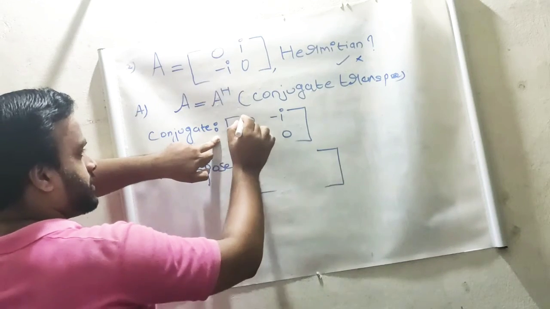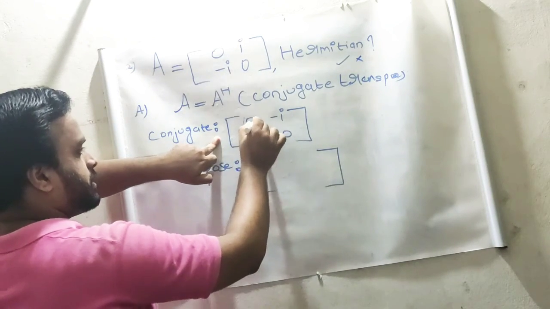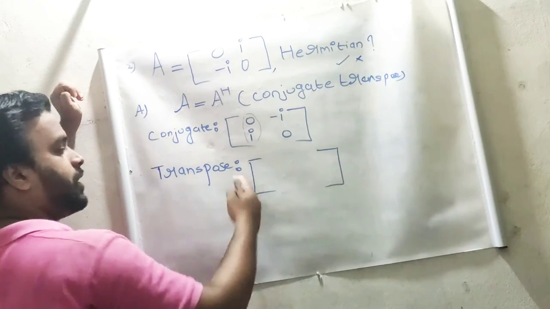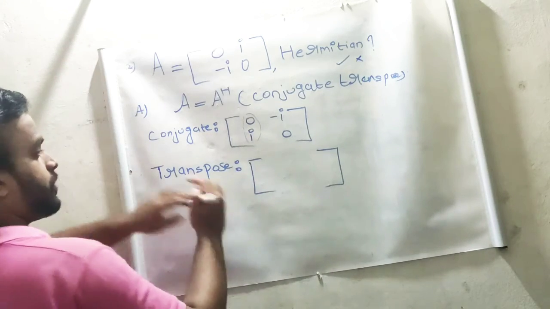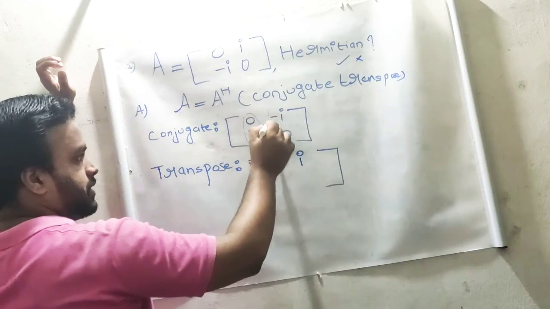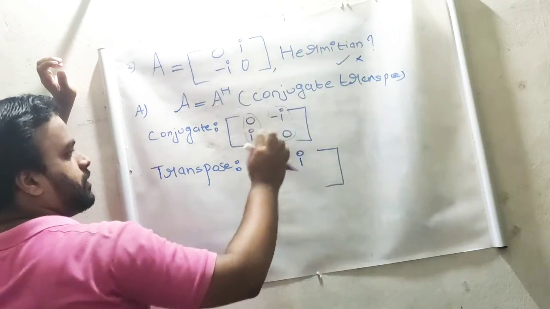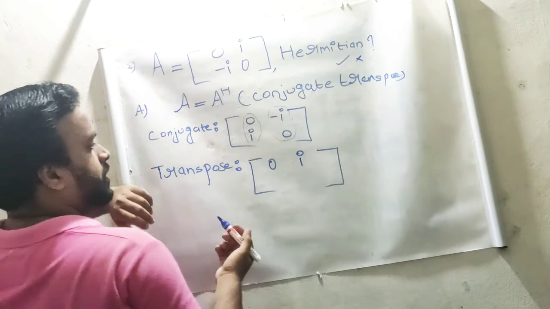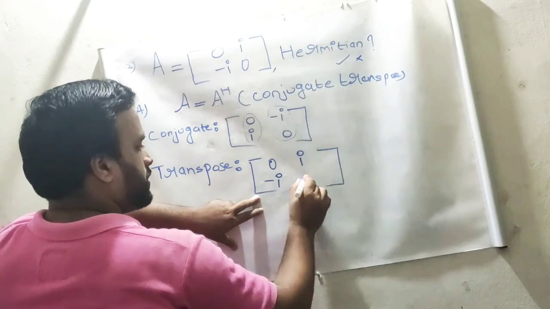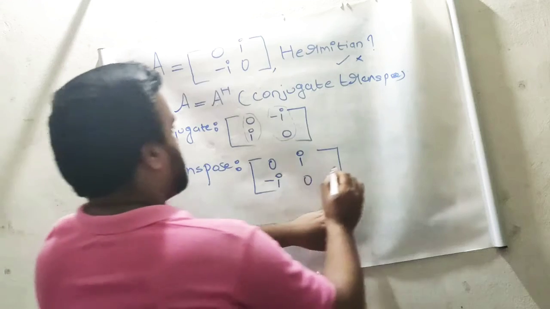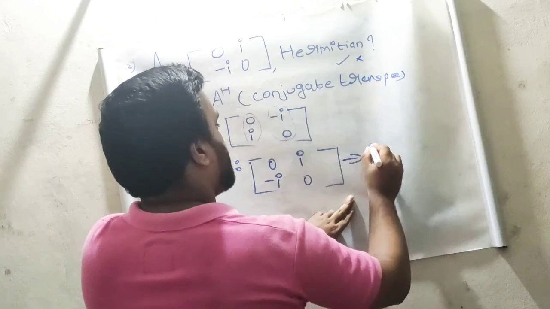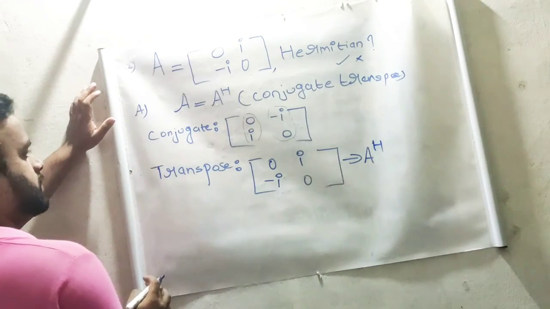In the conjugate matrix, each column is written as a row. So the first column becomes the row 0, i. The next column becomes the row minus i, 0. This is the conjugate transpose AH.